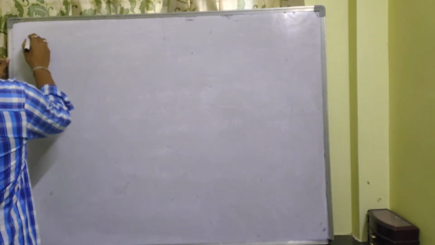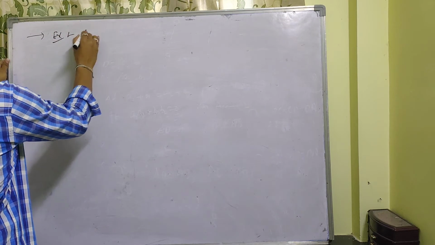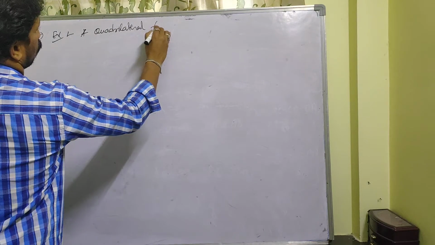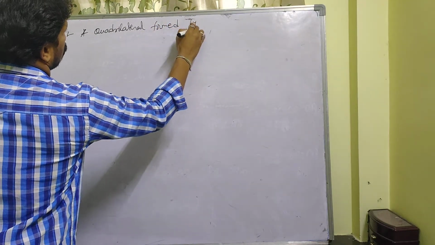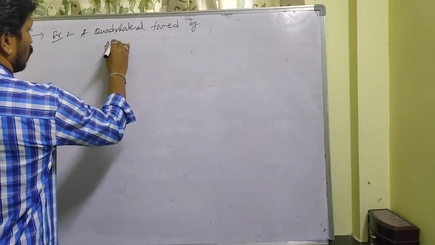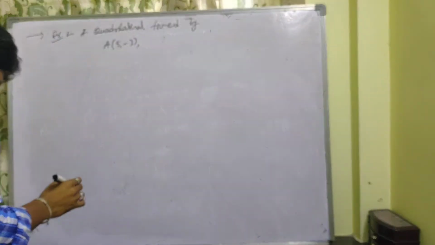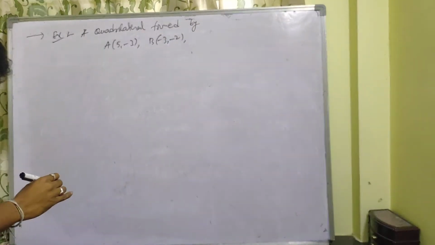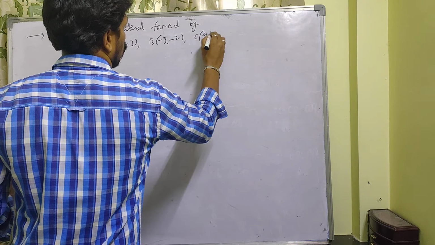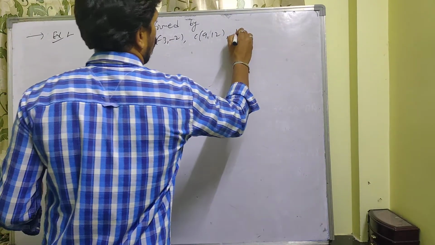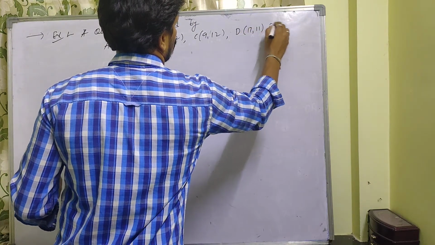A quadrilateral formed by A (5, minus 3), B (minus 3, minus 2), C (9, 12), D (17, 11) is.